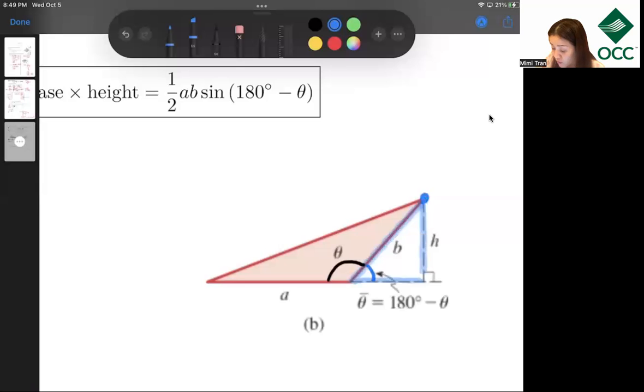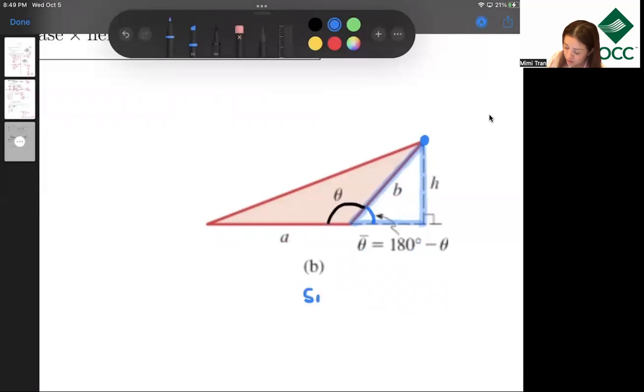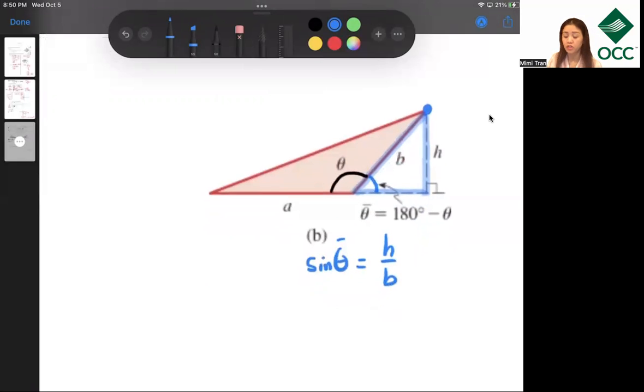Why do we need the right triangle? Because we need to find h. Again, sine theta bar is equal to opposite divided by hypotenuse. Opposite is h, hypotenuse is b.